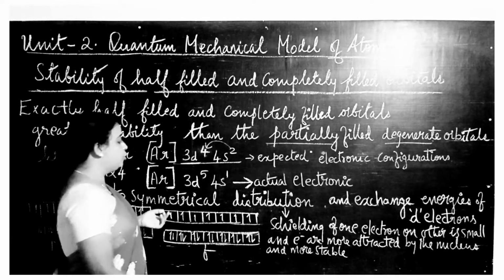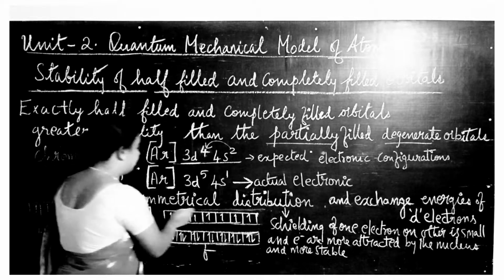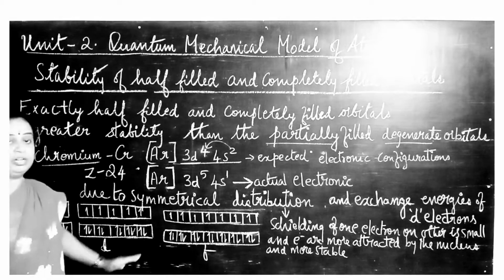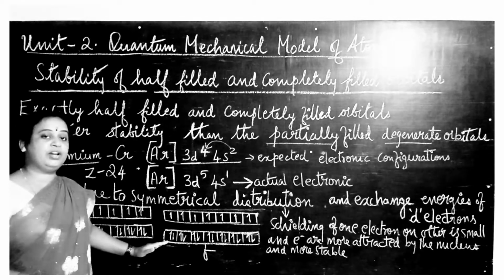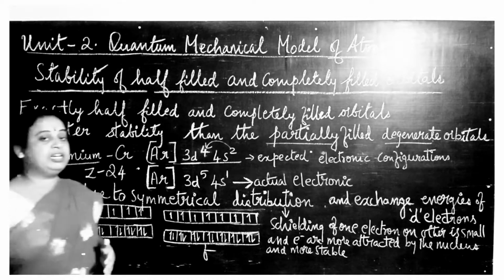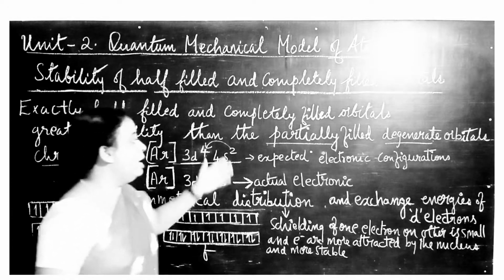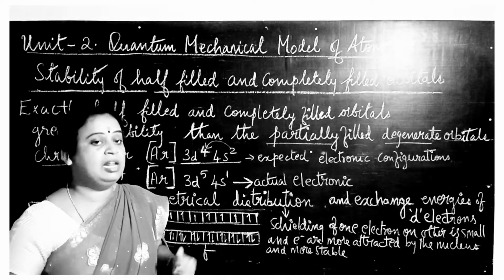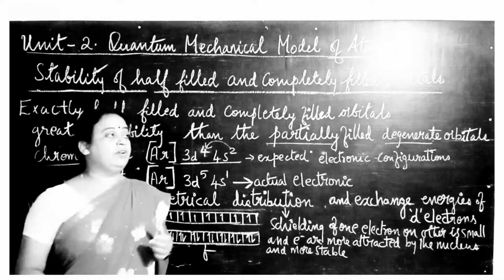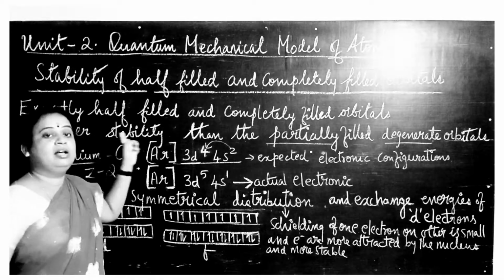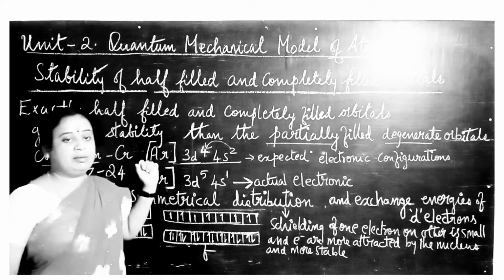Understanding? So that's what you should understand, the symmetrical distribution of electrons. Symmetrical distribution of electrons always leads to stability of an atom, and unsymmetrical distribution of electrons, that is the partially filled degenerate orbitals, leads to unstable atoms or elements.